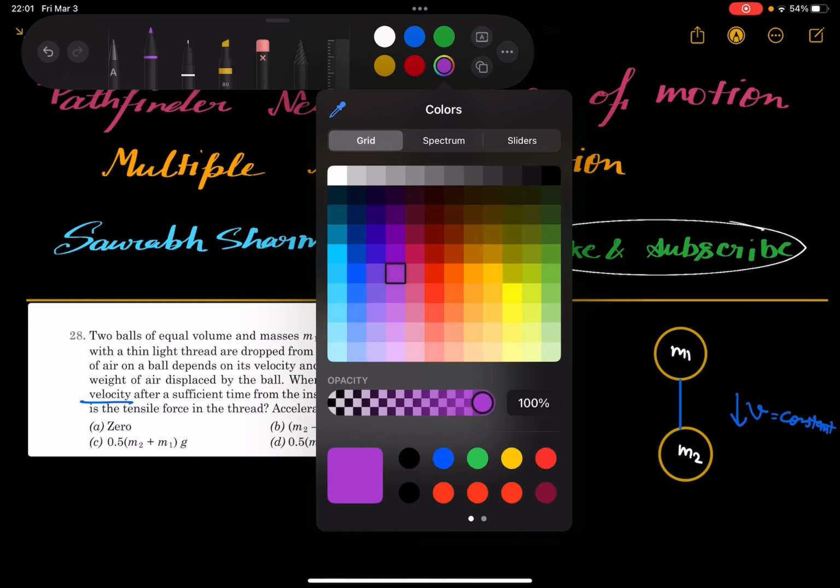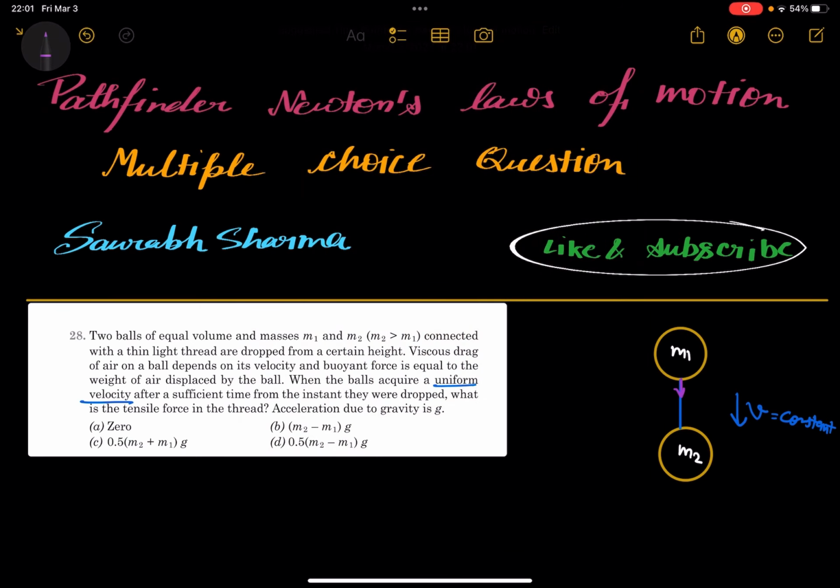First of all, the tension is acting on the thread, and gravity is also pulling down, which is m1g in this direction and m2g in this direction. Now, my dear friend, it is dipped in air, so the force of buoyancy is also acting in this direction.